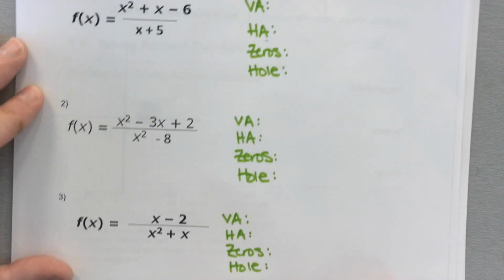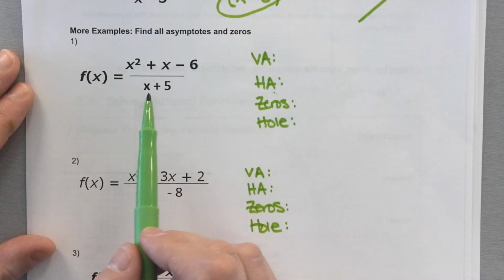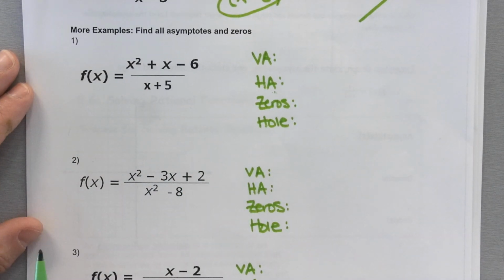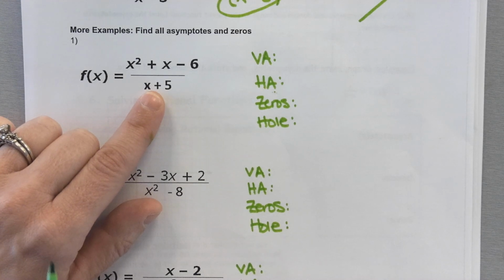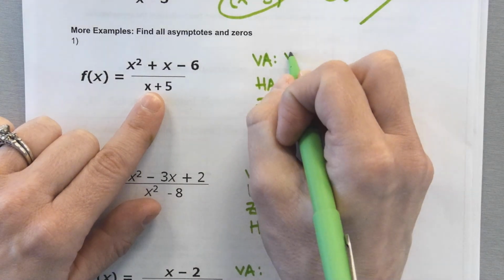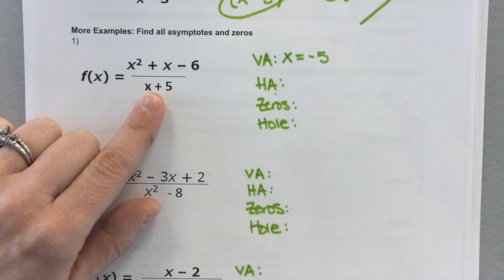Okay, so I have all my things written down. Let's go through them one at a time. Vertical asymptote, where does it come from? Top or bottom? Bottom. Okay, so I only care about the bottom. What would make it 0? -5. So I have a vertical asymptote at x equals -5.